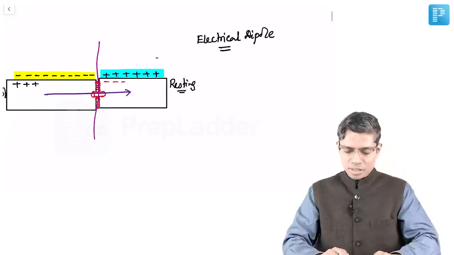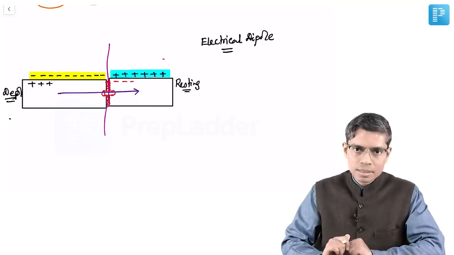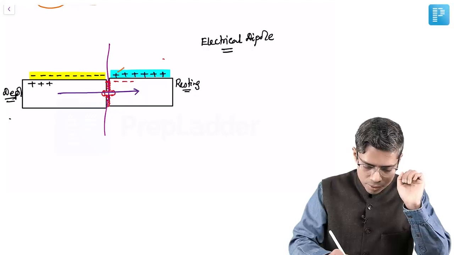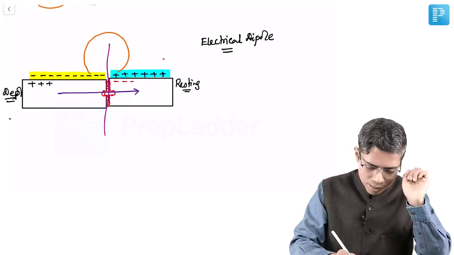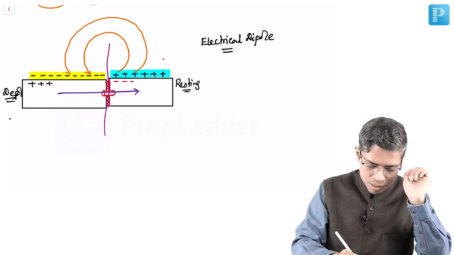And whenever there is creation of an electrical dipole, what is going to happen? Current will start flowing from the positive charges towards the negative charges.